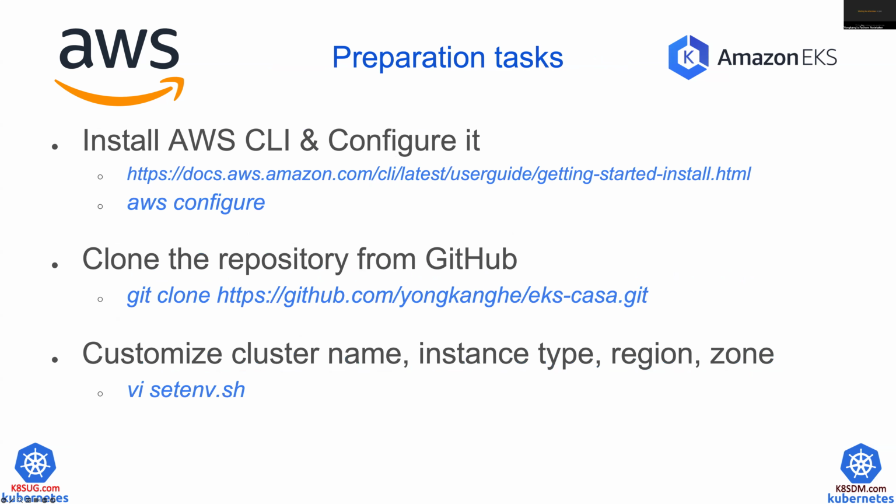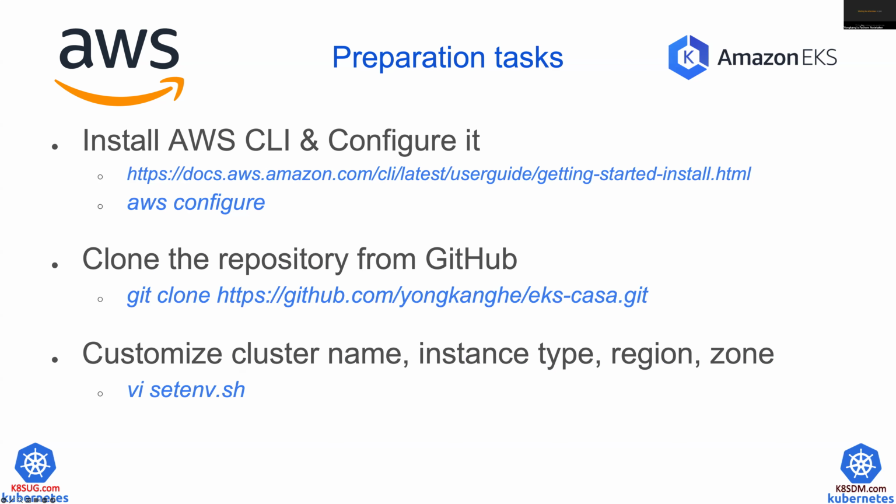There are a little bit of preparation tasks. For example, if you're not using AWS CloudShell, you need to install the AWS CLI and then configure it. Once you have the CLI installed and configured, you just clone the repository from my GitHub repository.